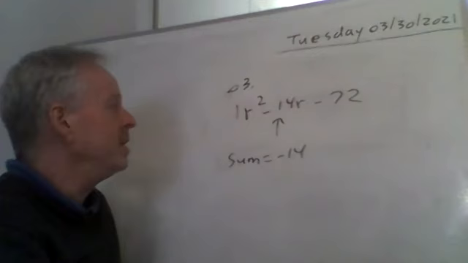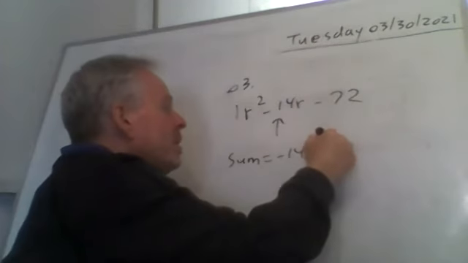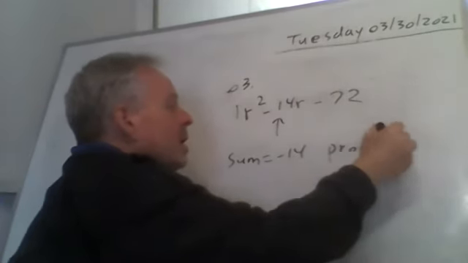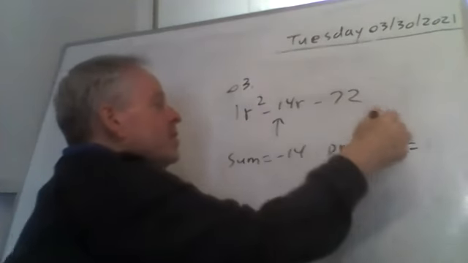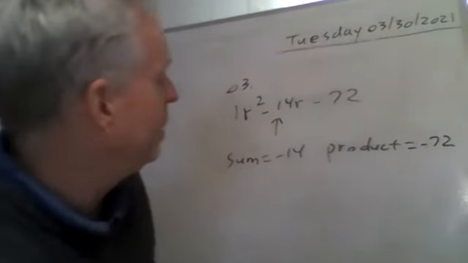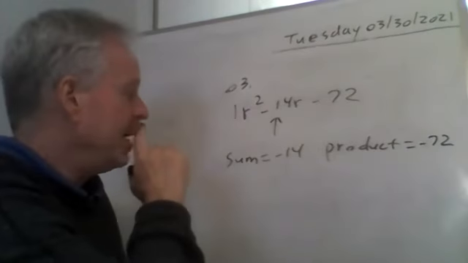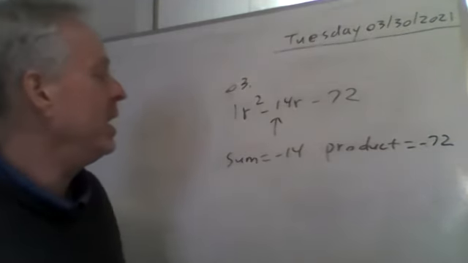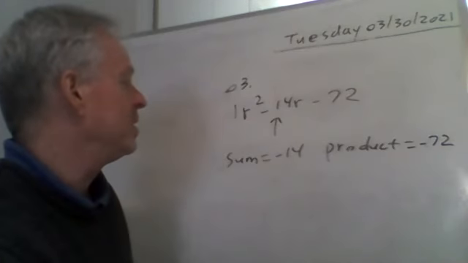And we want two numbers whose product equals the constant term, which is negative 72. So we're looking for two numbers whose sum is negative 14 and whose product is negative 72.